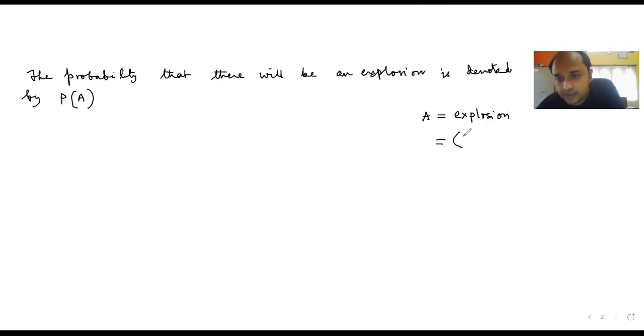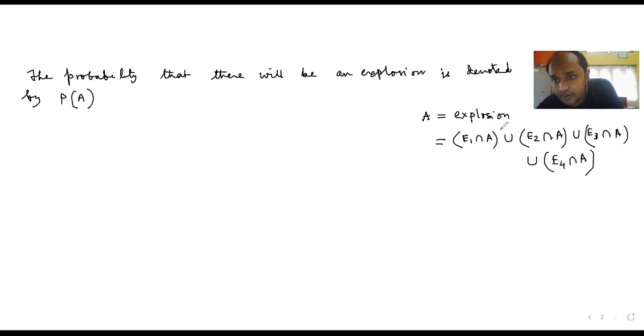How? Static electricity is there and there is explosion, or malfunctioning is there and there is explosion, or carelessness is there and there is explosion, or sabotage is there and there is explosion. So this explosion can happen in this way.